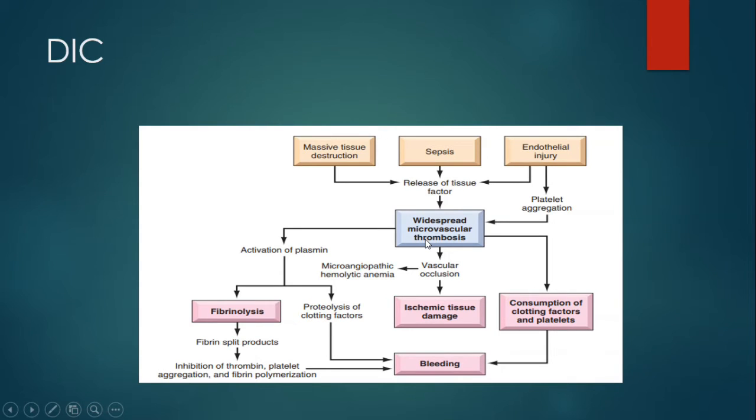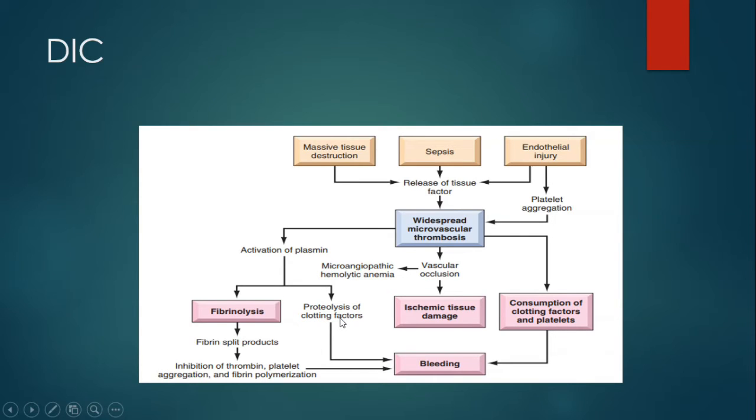So after the formation of clot, it needs to be dissolved by activation of plasmin. Plasmin does fibrinolysis, and fibrin is split to products. Also, plasmin proteolyzes the clotting factors, factor 5 and factor 8, further leading to bleeding.